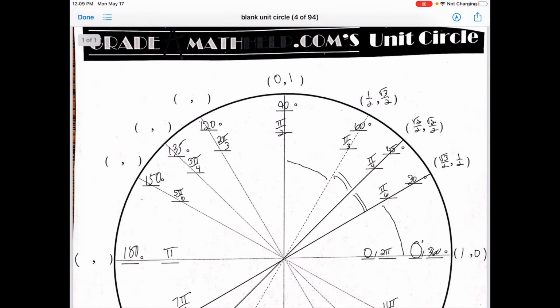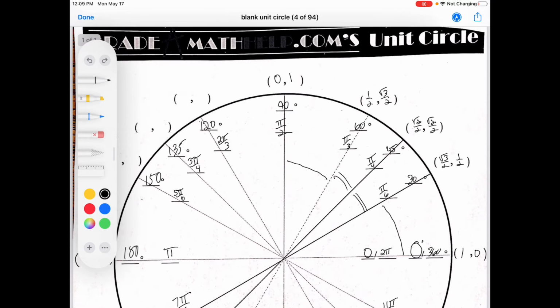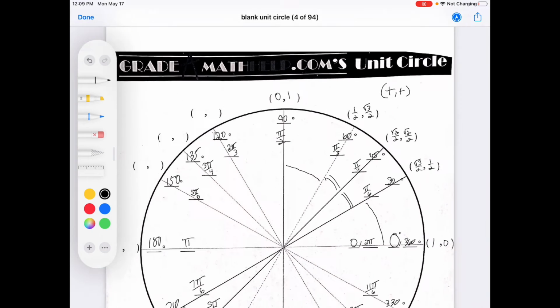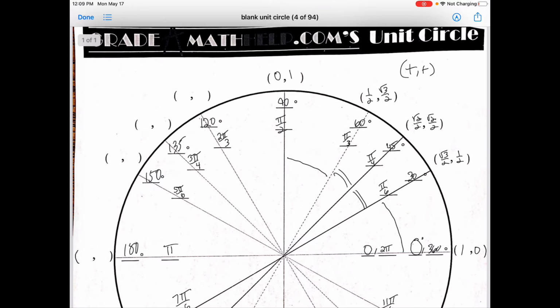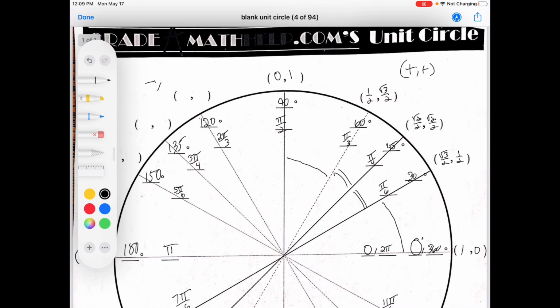All right, so we got our first quadrant. The second quadrant, we're just going to change our signs of our coordinates. Our first quadrant is positive, positive. Our second quadrant is negative, positive. X is negative, Y is positive.